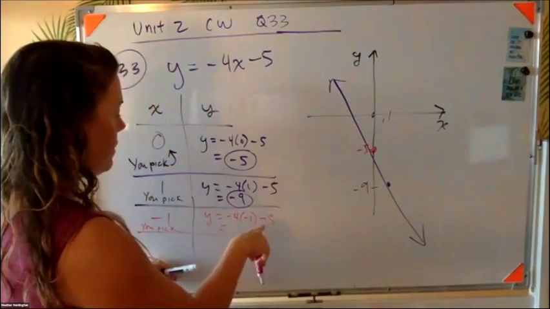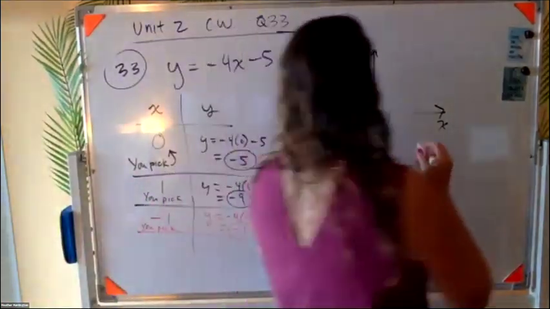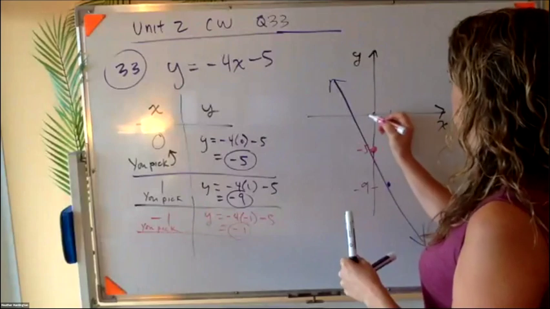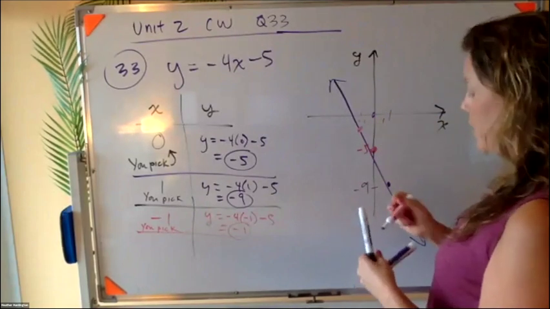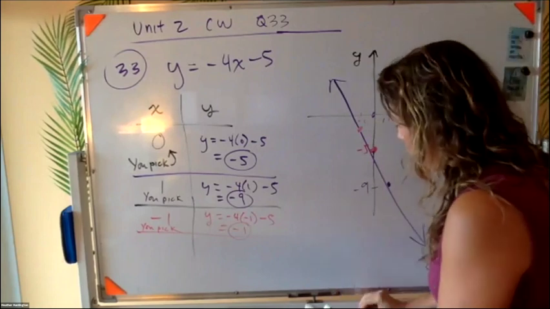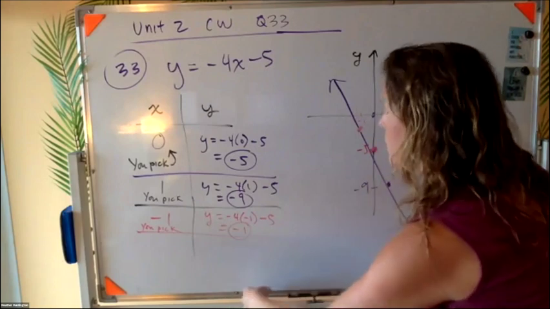So then you get a +4 minus 5 is -1. So -1, -1. It's right here. So it is collinear. I'm pretty confident that I have the correct line. All right, so that's one way. So you can graph by plotting points.